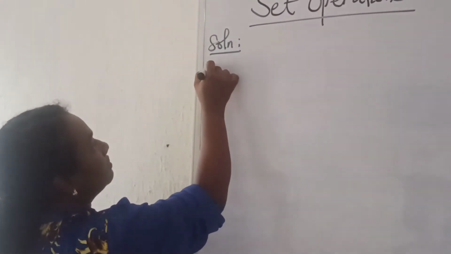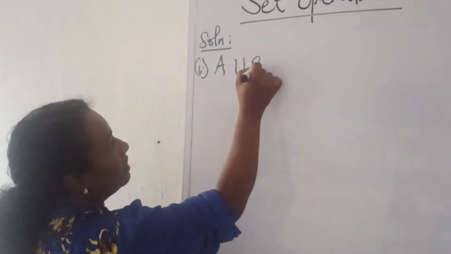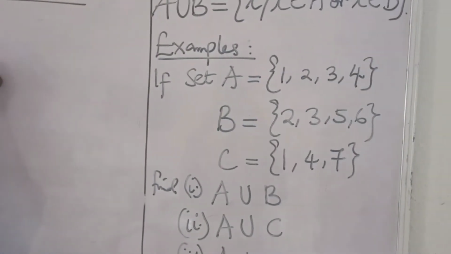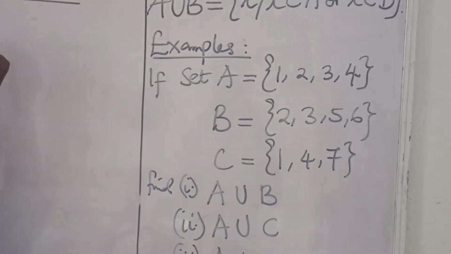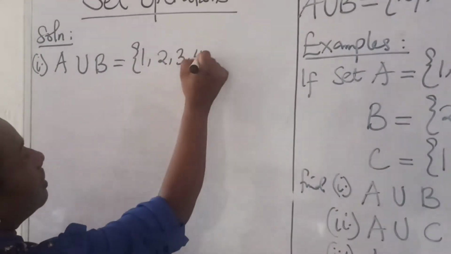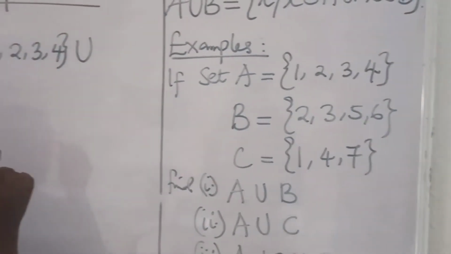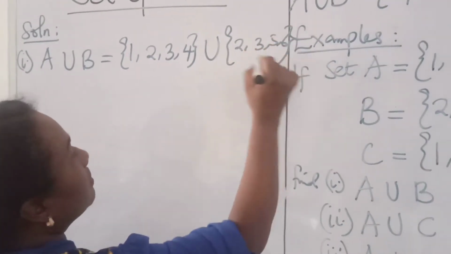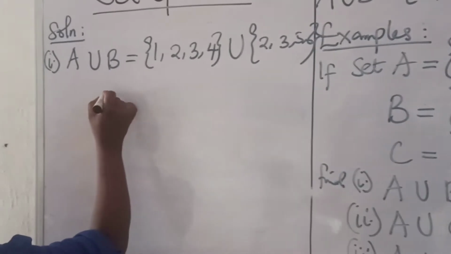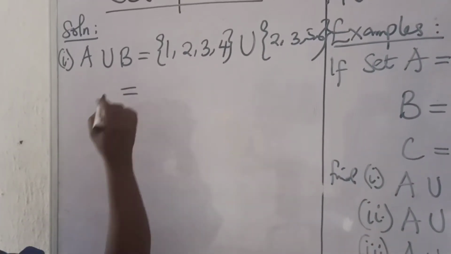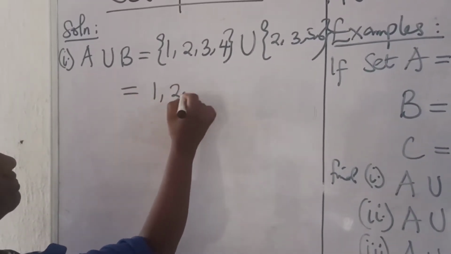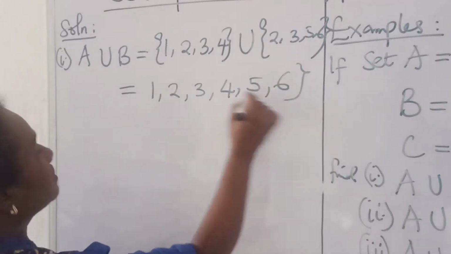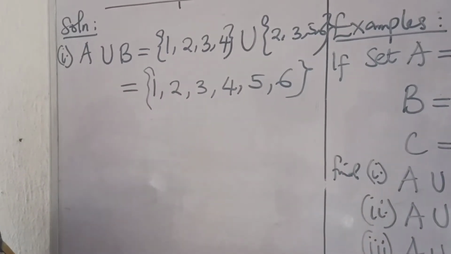The first one, A union B. Now let's write out the elements of the set A and the elements of set B. So if we take the union, we will have 1, 2, 3, 4, 5, 6. What have we done here?